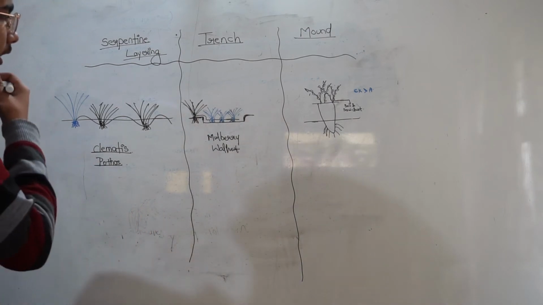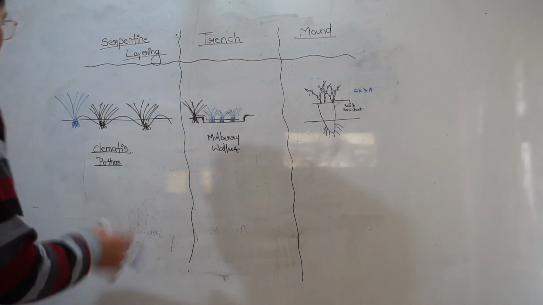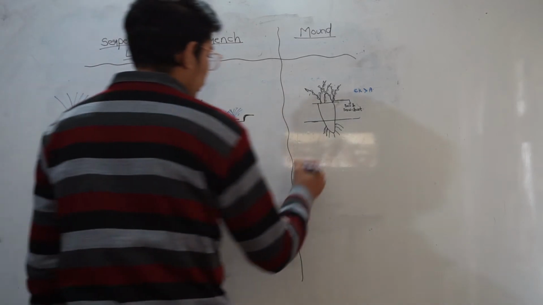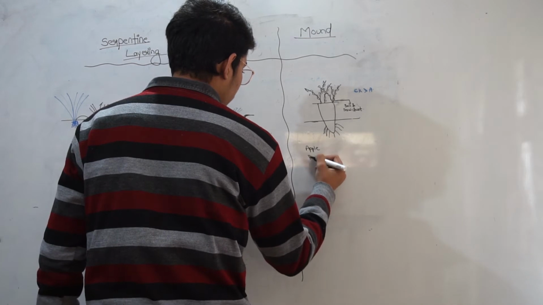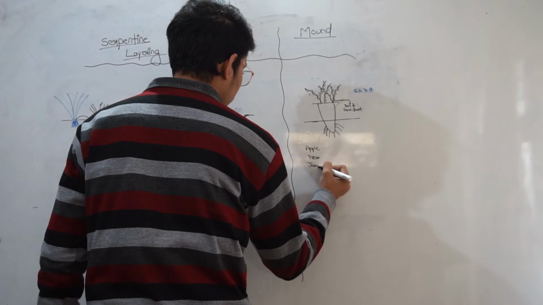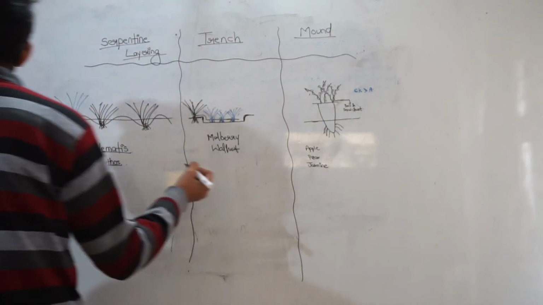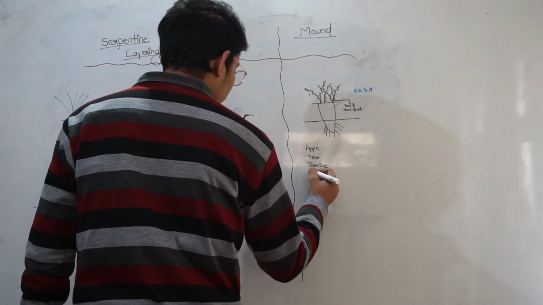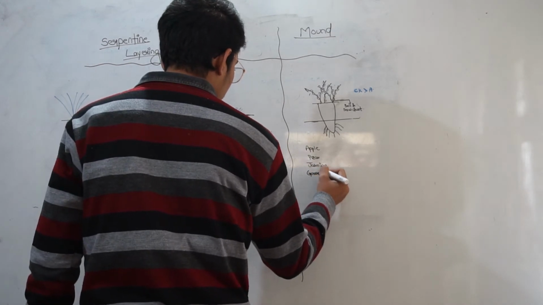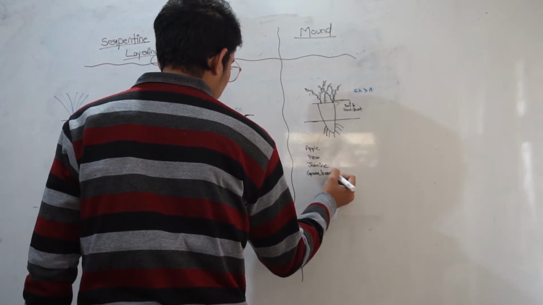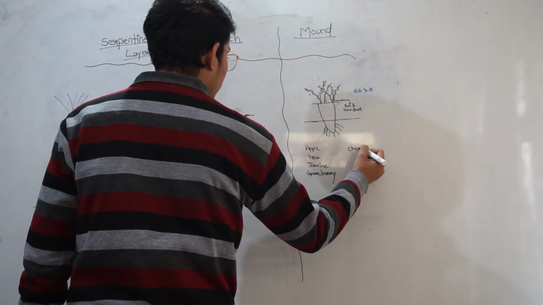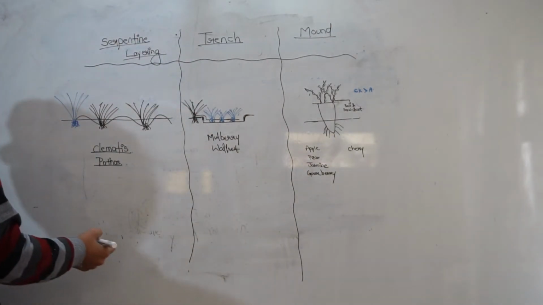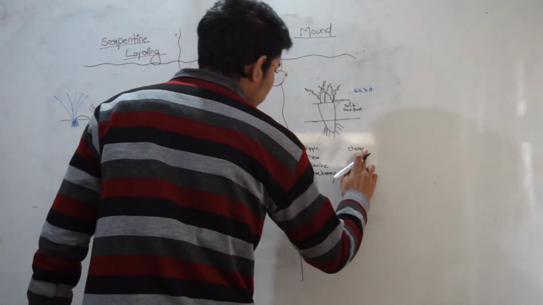So this is the amount, and after this I am dealing with some examples: apple, pear, jasmine, gooseberry, cherry, and currant.